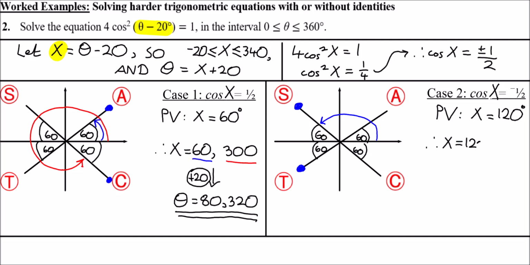We can have that one, that's fine. The other area where cos would be -1/2 is here. And so if these acute angles are 60, for this angle I'm drawing in with the red pen, this will be 180 plus 60, which will be 240.